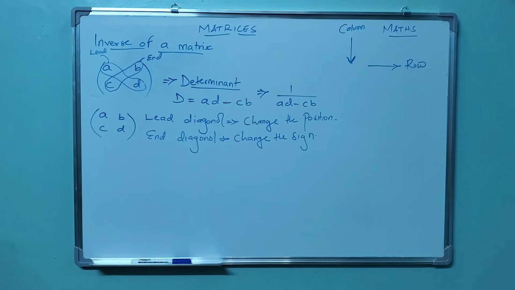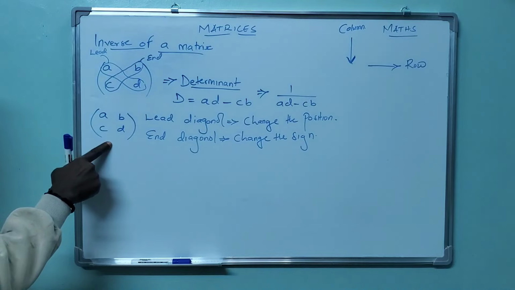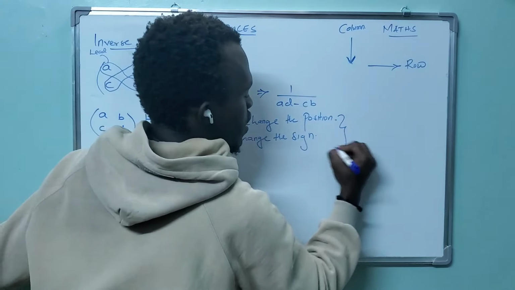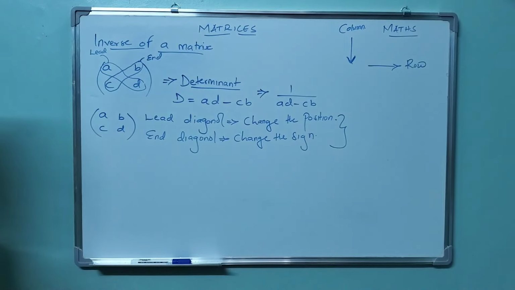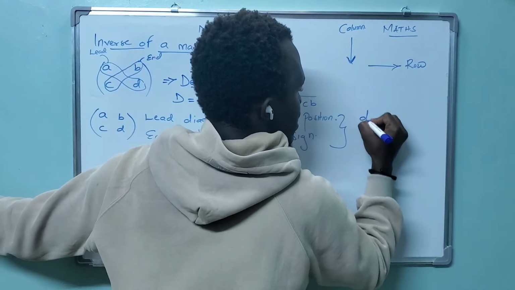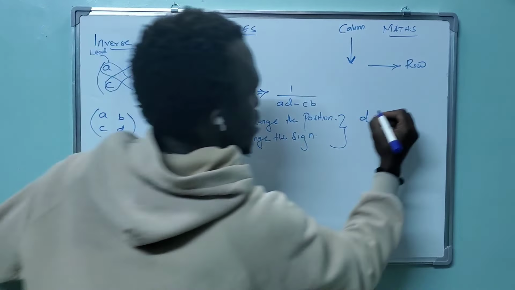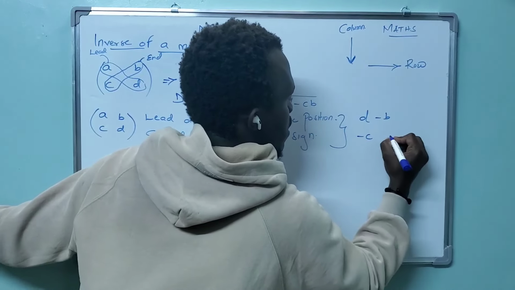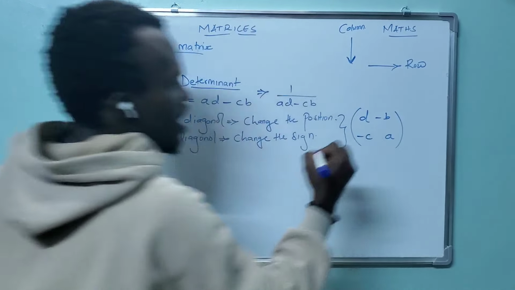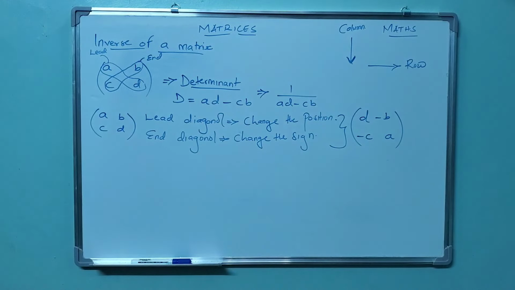Now, the general inverse, which means to get the inverse of this matrix now, I'm going to have something like this. Remember, for the lead diagonal, they change their position. So I'm going to have there D, negative B, then negative C, A. So that is the inverse of my matrix.